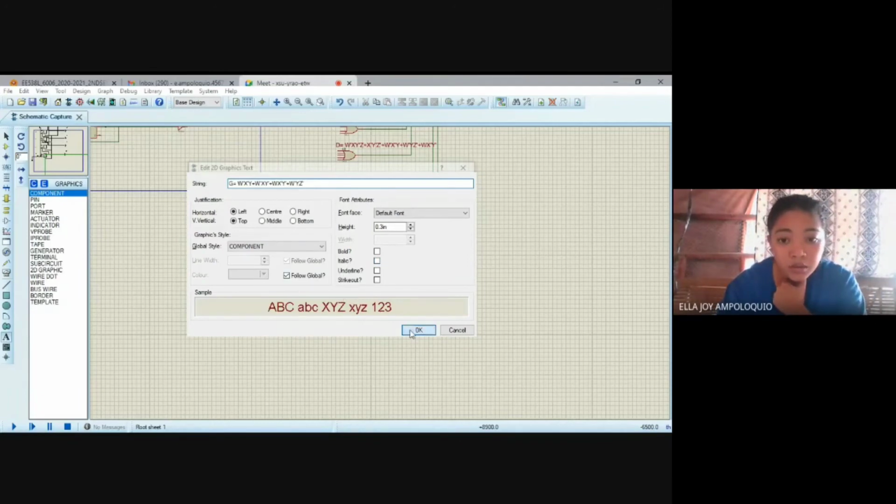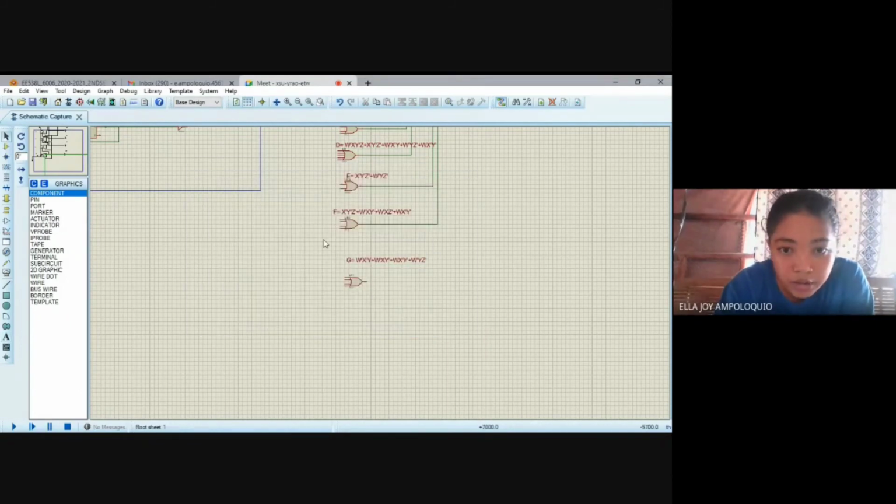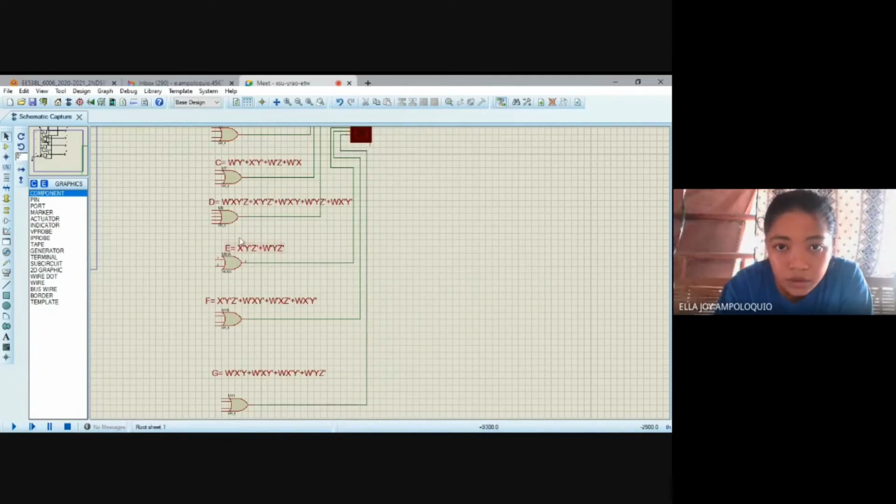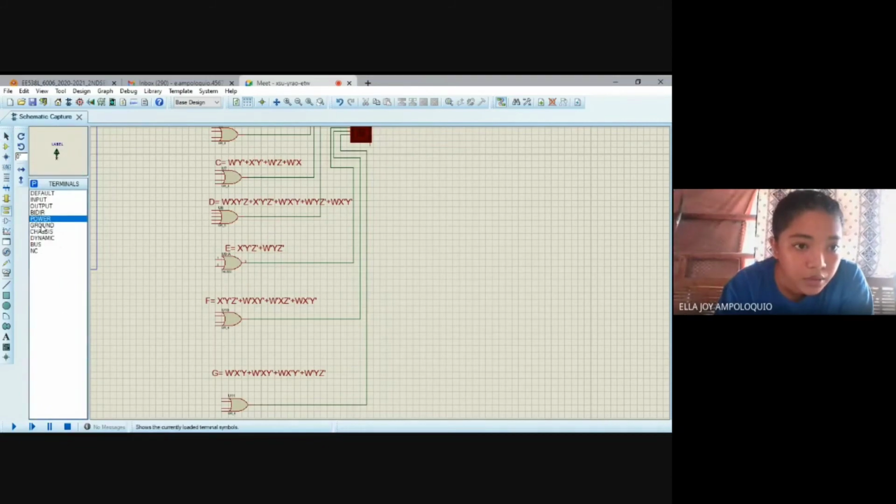Now that I have the equations, it's easier for me to connect it using the AND gates. I'll connect it here first, then I will have the ground here.